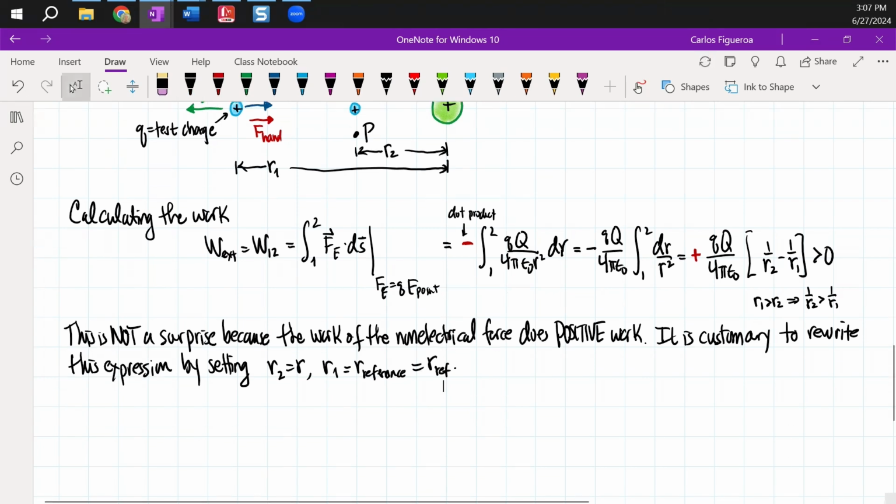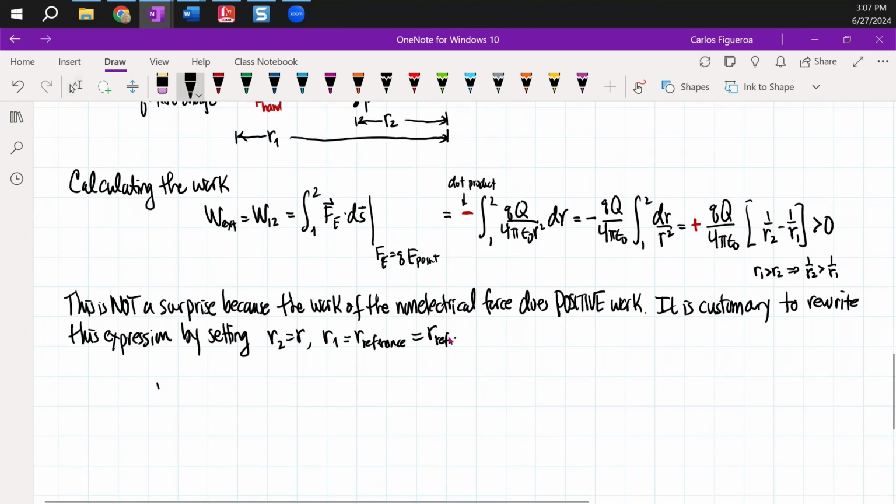So if I rewrite this, we then say that the work of 1 to 2, let me be careful here. No, that's not what I want to say. So then, because the work of the electric is in the opposite direction, this becomes the change in the potential energy. Now, let me be careful here, because now the work from 1 to 2 must be the opposite of the electrical.